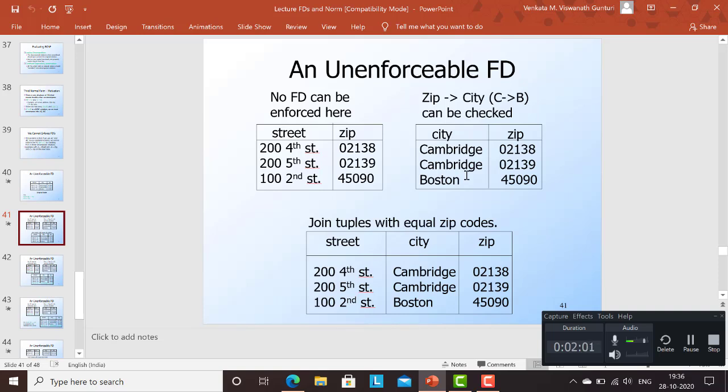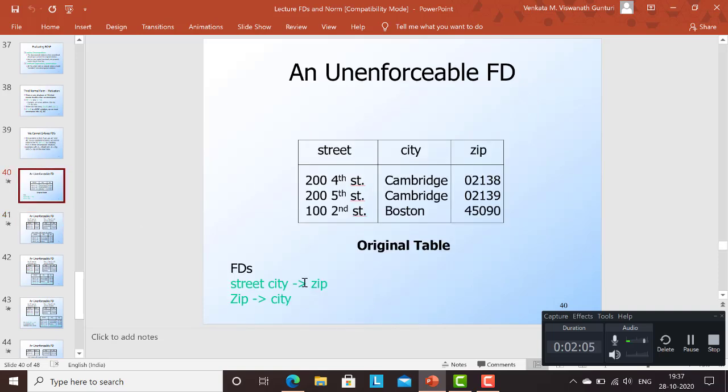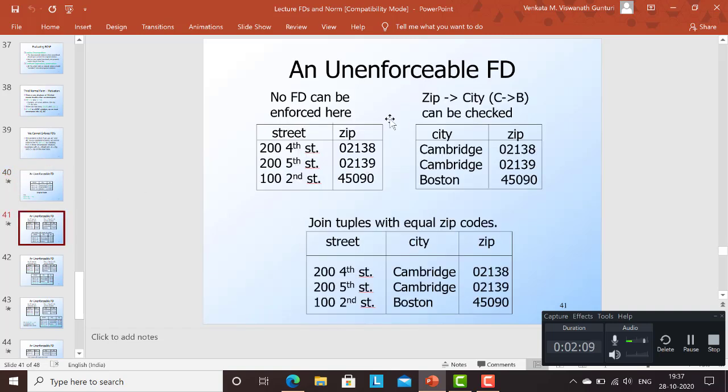That part is fine, but the functional dependencies which we were holding in the original table don't translate to the child tables. For example, zip implies city can be enforced on this particular table. How will you do that? You can just make zip the primary key, and this FD is now enforced.